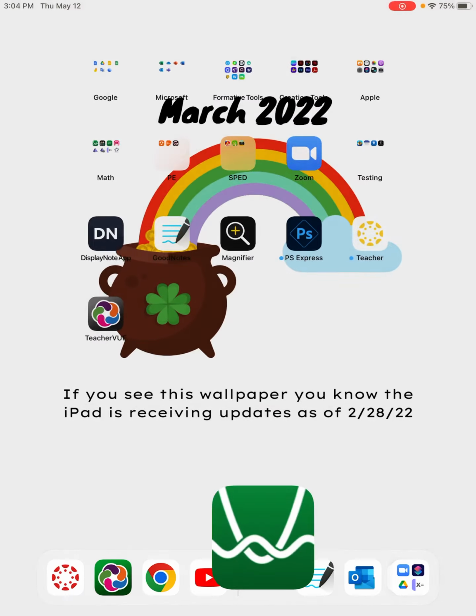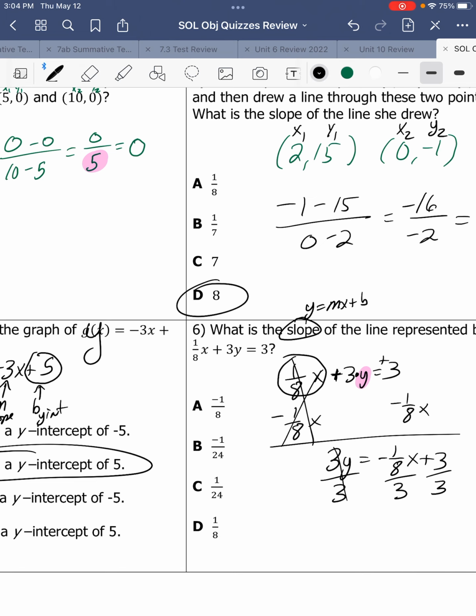Is that right? I don't feel like I put that in the calculator right. Yeah, I guess it is. So that's negative 1/24 x. 3 divided by 3 is 1. Well, that's easy. So here's the slope. Slope is negative 1/24. My goodness.